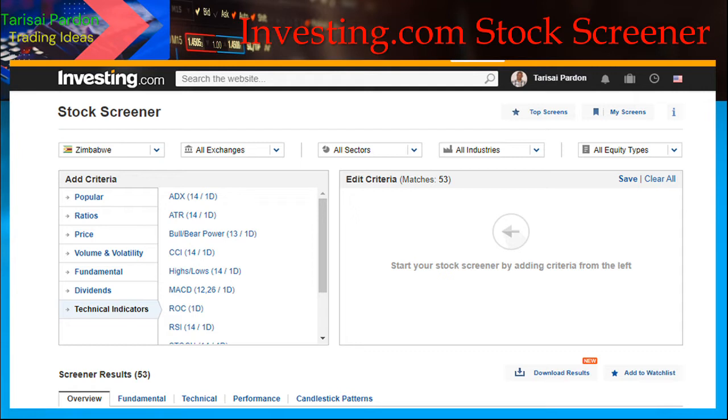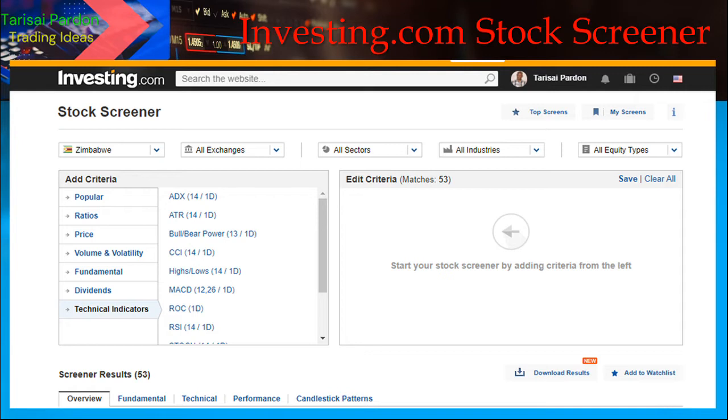And since we have not yet picked any additional criteria, you'd see that we still have 53 counters as matches from the edit criteria. Basically, this shows us that the database has a total of 53 counters from Zimbabwe.